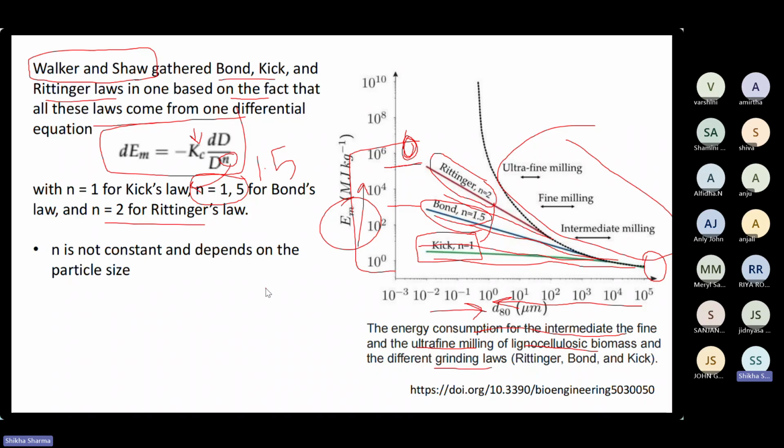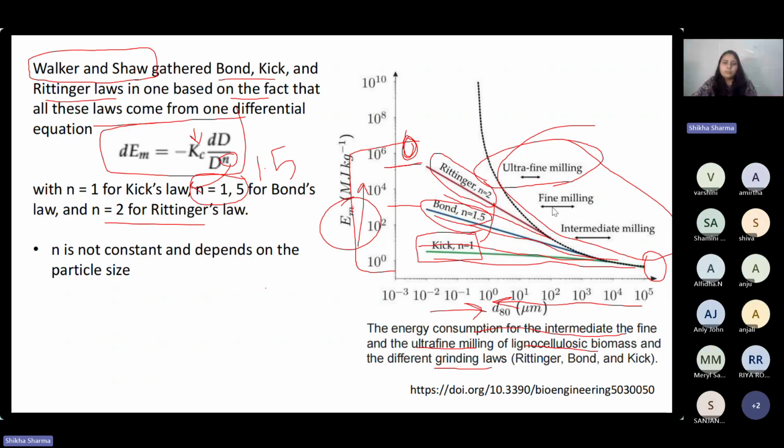So if we are doing ultra fine milling or very fine milling, that means we need higher energy to do so. If we see this slope, obviously this slope is higher. So we can say that for doing ultra fine milling, we need more energy as compared to intermediate milling.